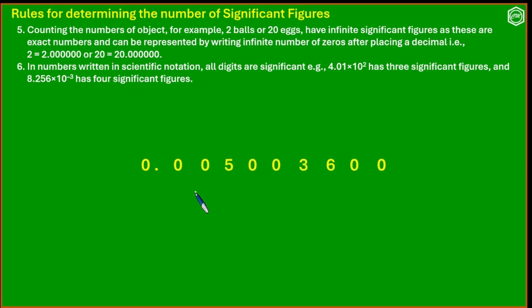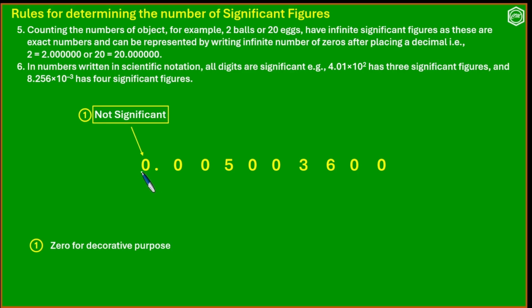Now consider a general example, 0.005003600. This zero is not significant. The reason is that zero is used for a decorative purpose, just to show that the number does not start with a decimal.